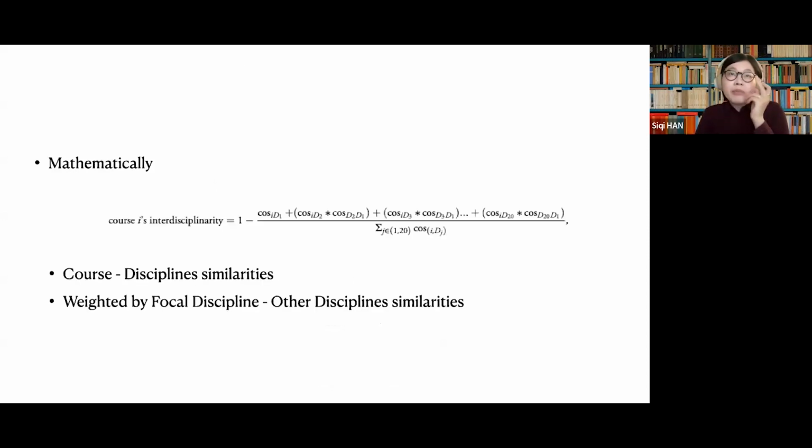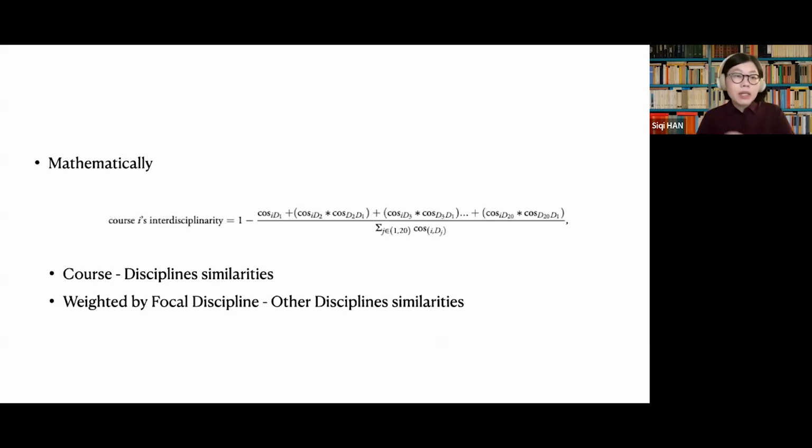So mathematically, we expressed the way that we calculate this inter-D index in this way. But to put it short, we first calculate the course to discipline similarity scores, and then we weigh it by the discipline to discipline distances or similarities.